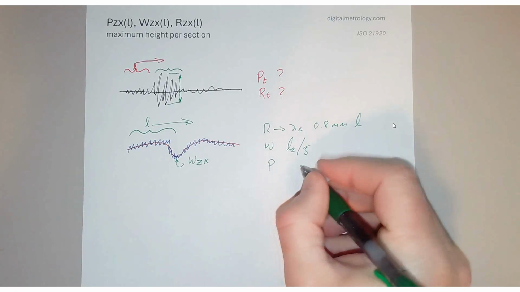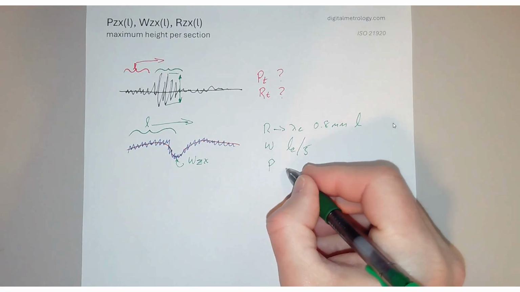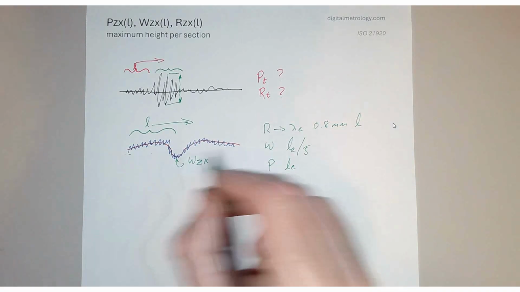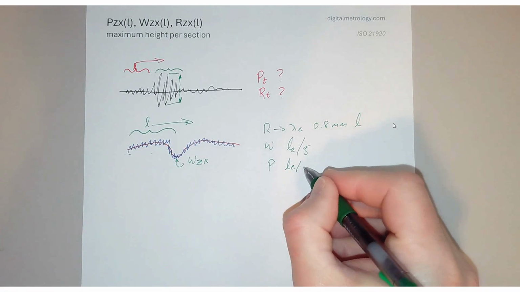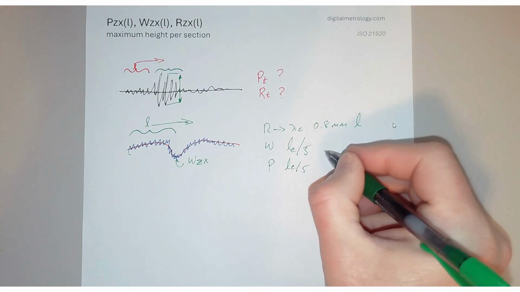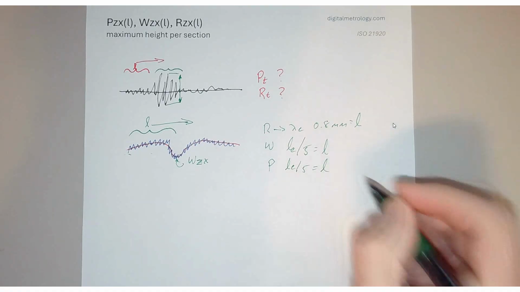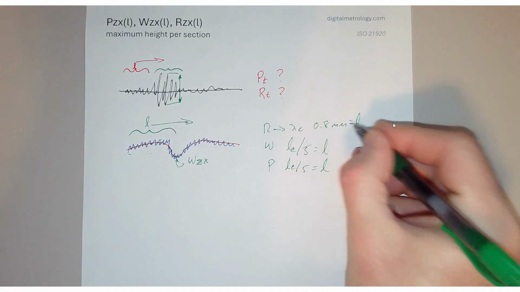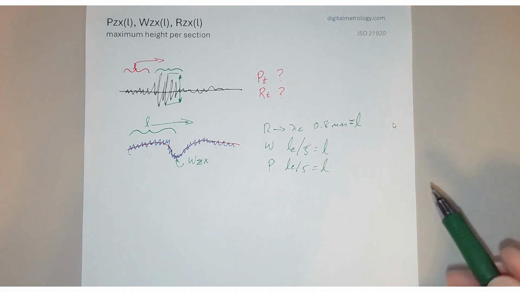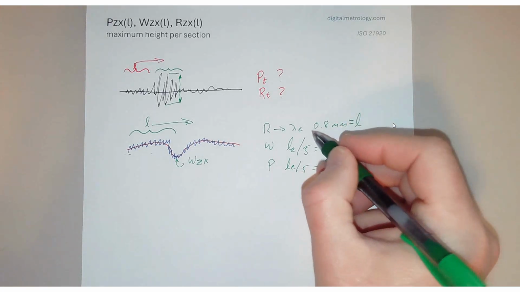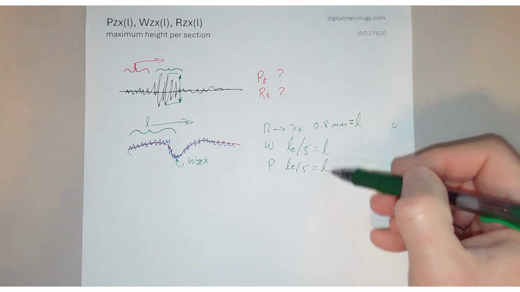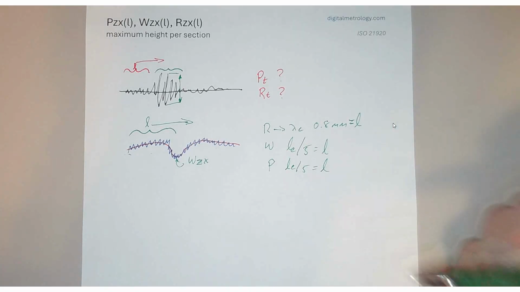Similarly, for the primary profile, we will use the evaluation length, the full length of analysis, divided by 5 for our L values. So the length that we slide through the data is user selectable. And if we don't select something, we're going to use our filter cutoff for roughness, or 1/5 of the length in typical cases for waviness and primary analysis.